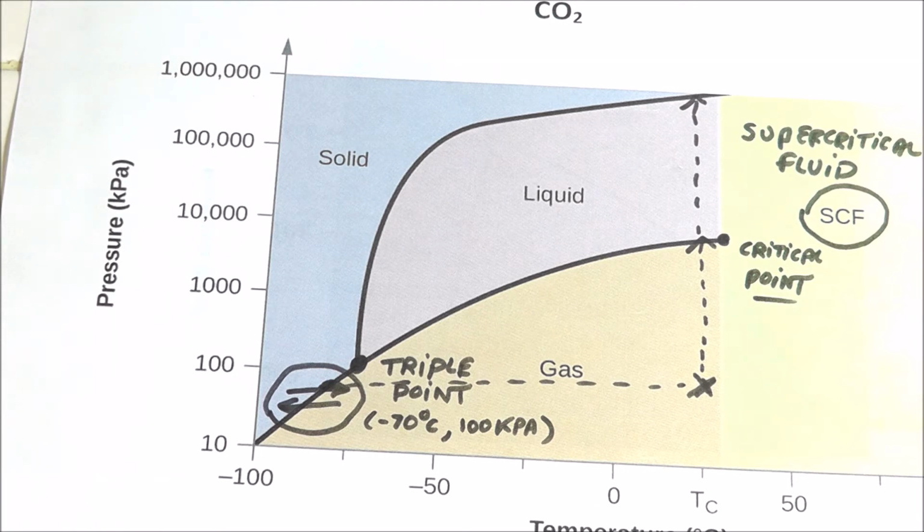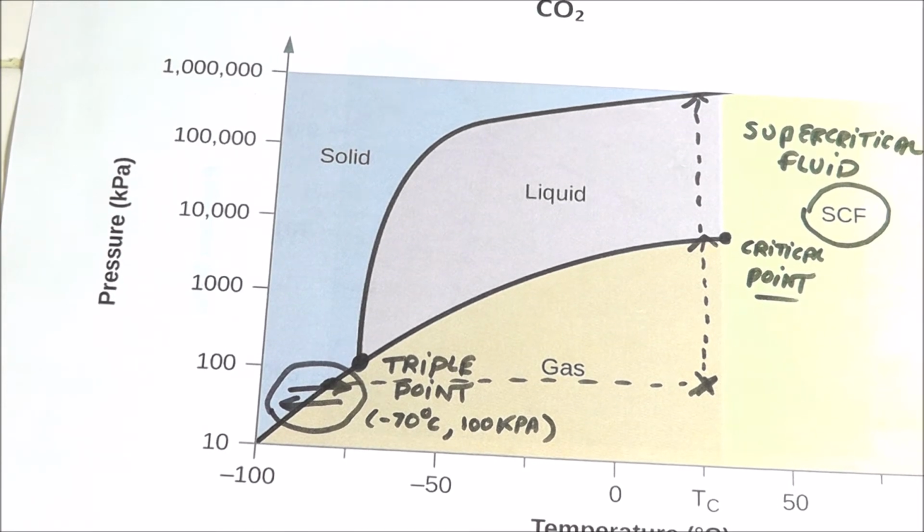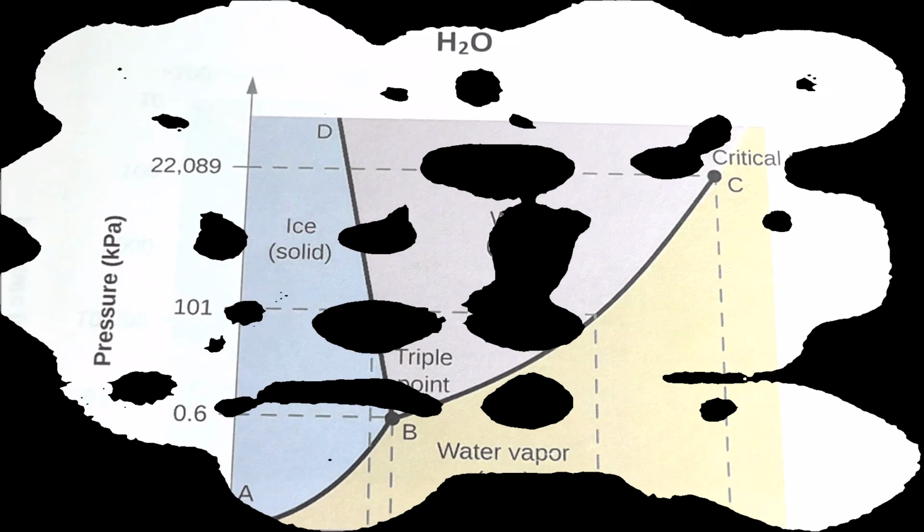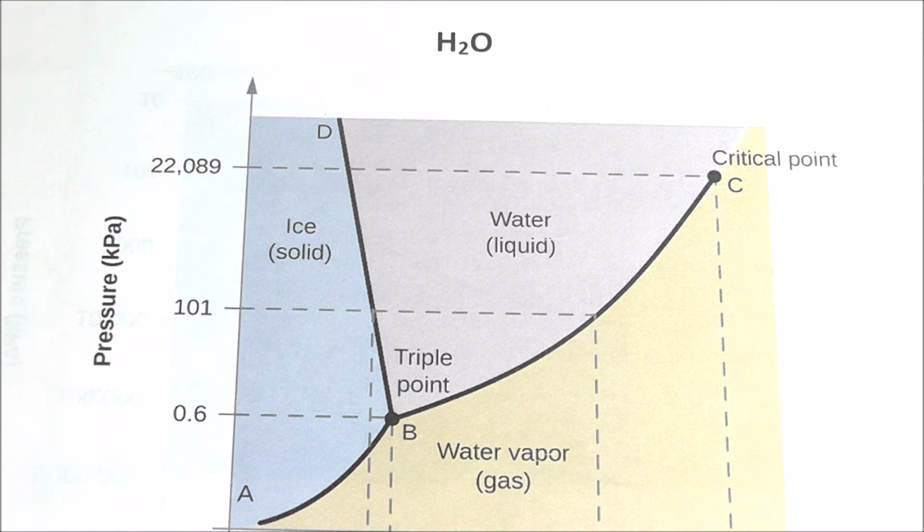We're going to do two more. Let's take a look at something weird, which would be water. All right, folks, there is water. Weird, wacky water. I'll explain why it's weird and wacky.